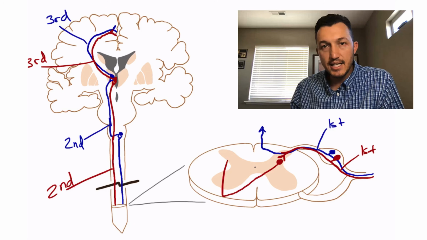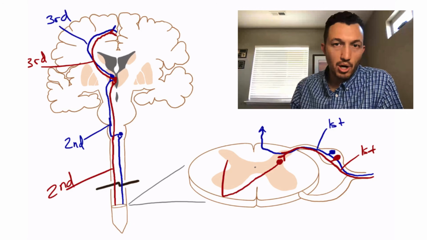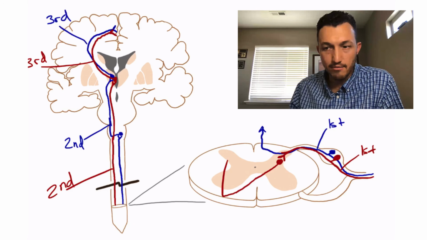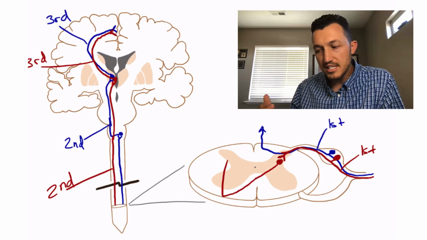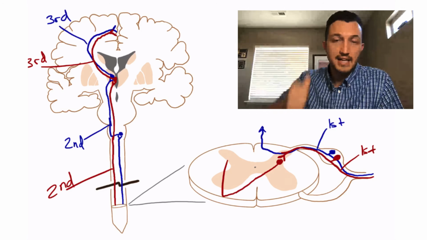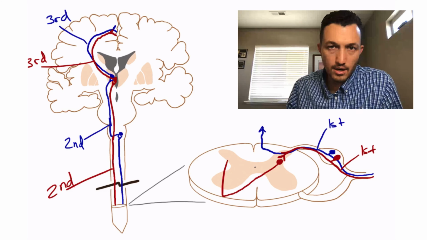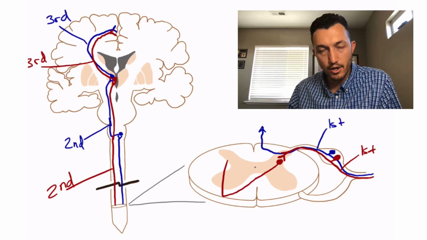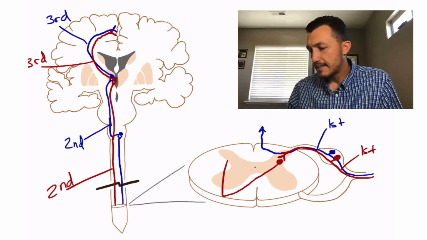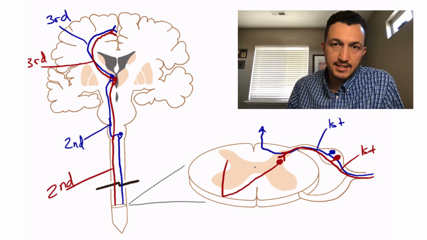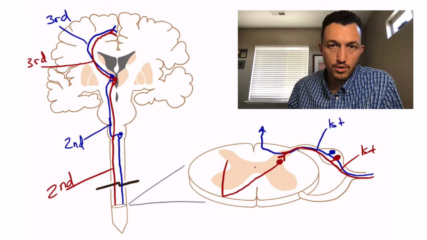But the biggest key difference is what happens immediately upon entry into the spinal cord at that level. The posterior medial lemniscus pathway is going to immediately ascend on that same side of the spinal cord, just within the white matter tracts there on the back of the spinal cord, the posterior columns. And it will not decussate until it's synapsed on the second order neuron.